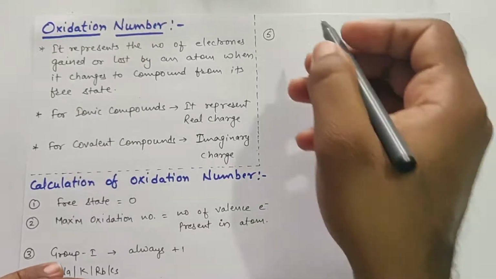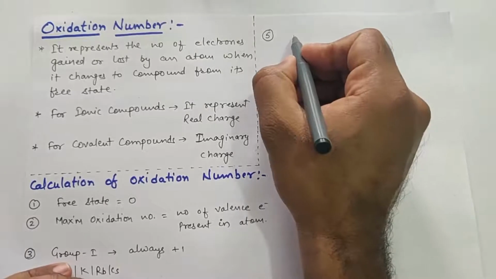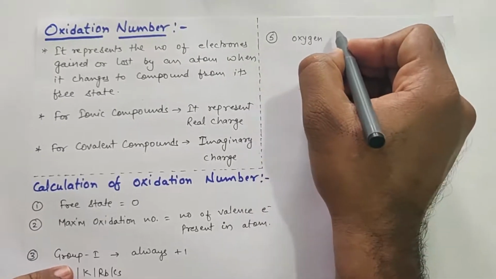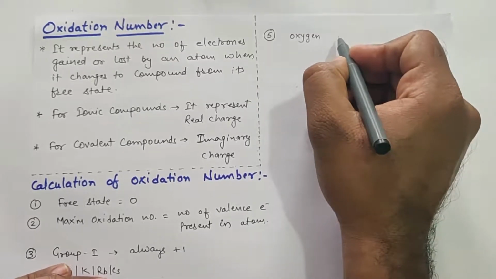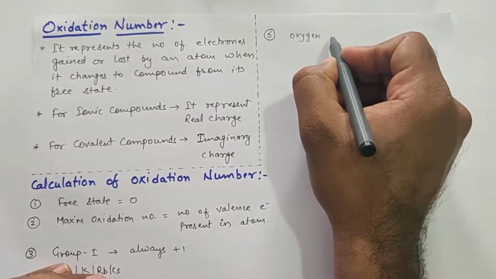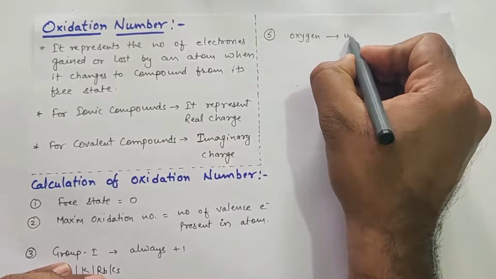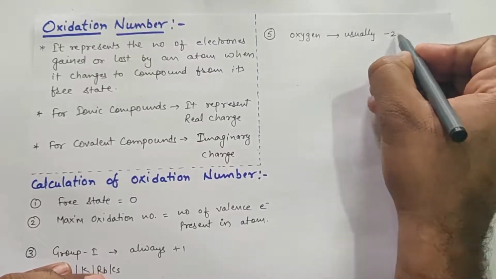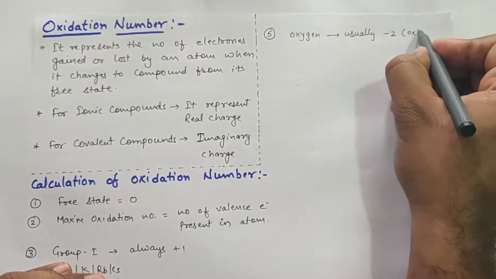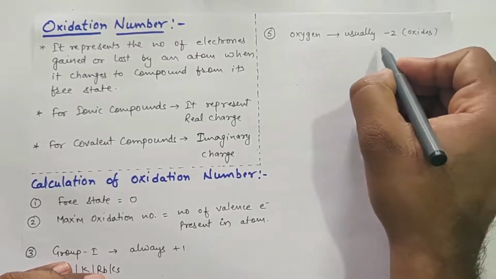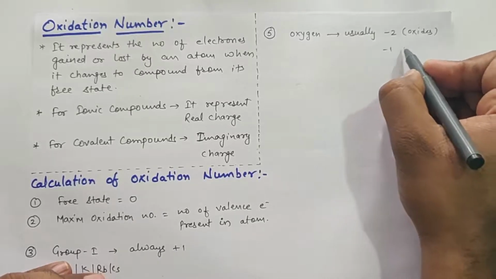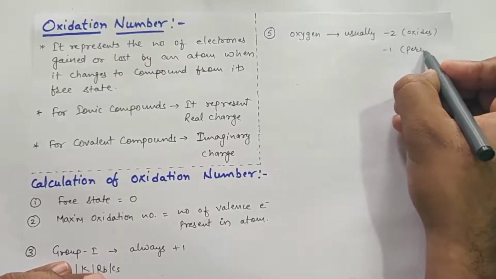Rule number 5. Oxygen. Oxygen shows 3 different oxidation states depending upon the nature of the compound. Usually, oxygen shows -2 oxidation state in its oxides. Oxygen shows -1 oxidation state in its peroxides.